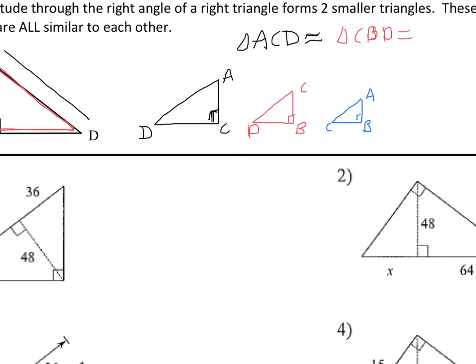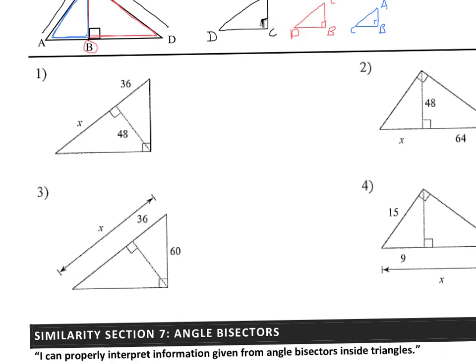And that is similar to triangle ABC. Now, what good does that do? Well, we can set up proportions, but to do proportions, we have to make sure we have the proper corresponding sides matched up. So that little exercise may or may not help you. You decide.